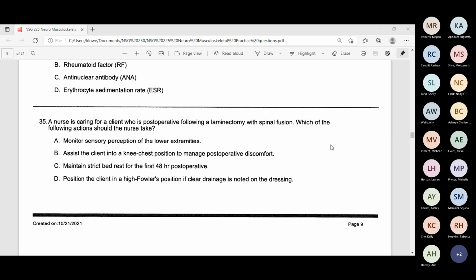Maintain strict bed rest. We want to get them up and move them. So usually in bed, we have them flat to head of the bed elevated a little bit. So anytime it says strict bed rest for over 12 hours or something like that, think about what those complications might be and do we really have to do that?